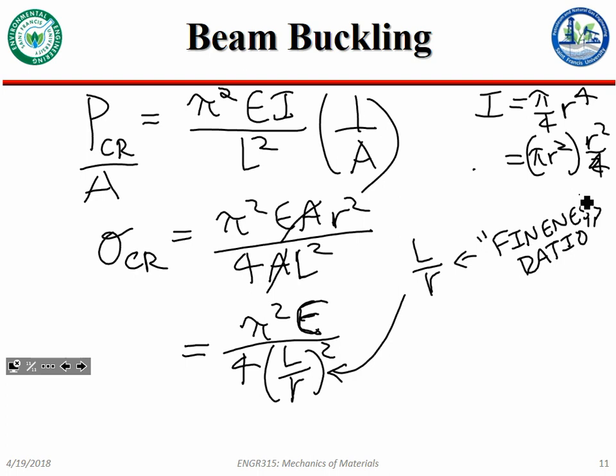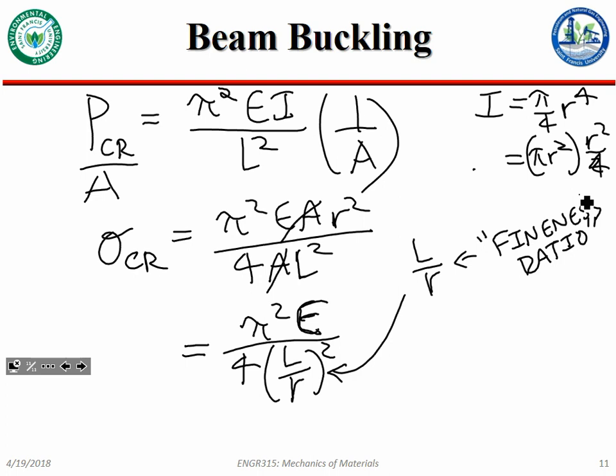So this is a more formal way of stating what we can also see intuitively, that the more slender an object is, the more likely it is to buckle. And this doesn't only apply to circular things. You can work this out for a rectangular cross-section or any cross-section that you want. You'll get the same kind of result.